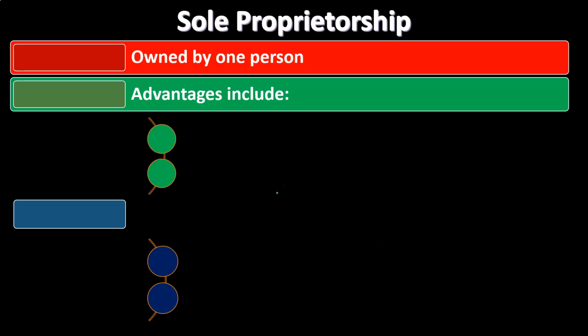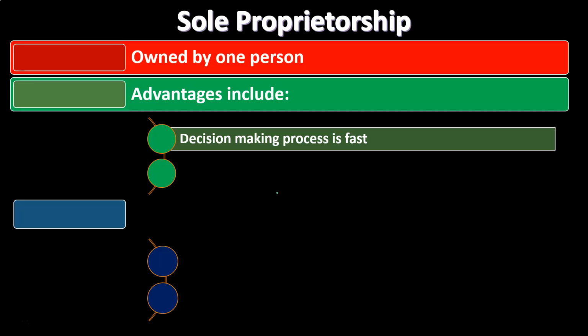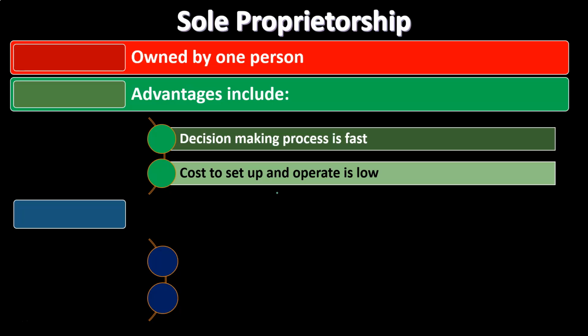So then we have the advantages of a sole proprietorship. If you're going into business yourself and you're thinking, what type of business entity should I start with? Many people will start with, and it's a good idea oftentimes to start with, a sole proprietorship. Why? Because the decision-making process is going to be fast and the cost to set up and operate is low.